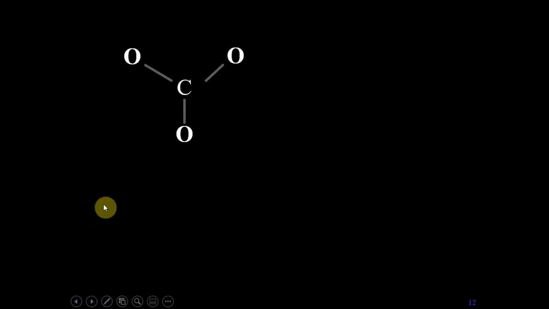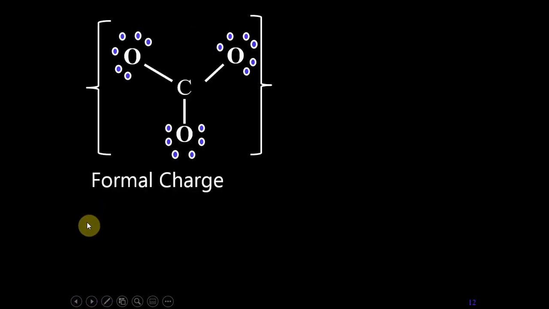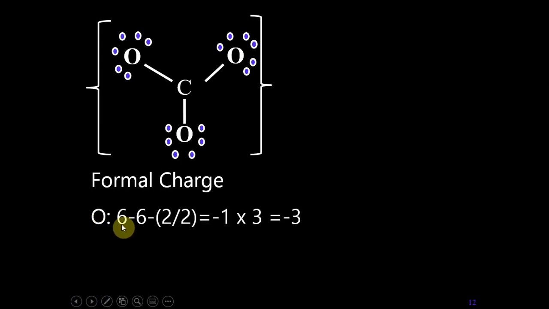Let's go through this again. All right, the formal charge for this one works out like this. So we have oxygen, and there's a formal charge for each element. For oxygen, there's 3 of them, but for each one, because they're all identical, it's going to be the valence, 6, minus 6 non-bonded electrons, minus 2 bonded electrons divided by 2.